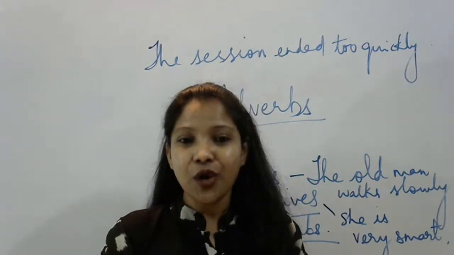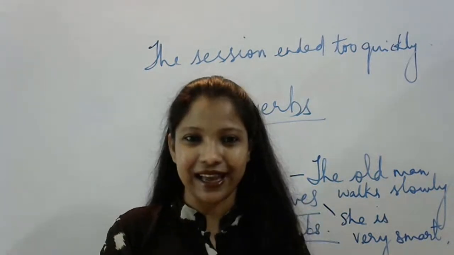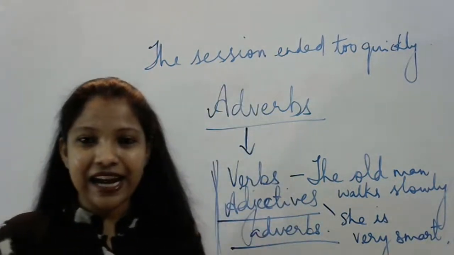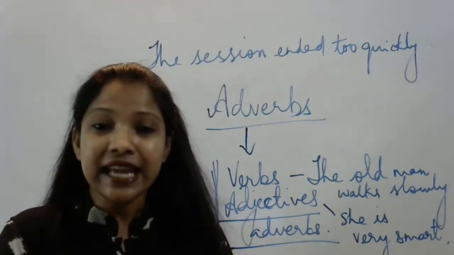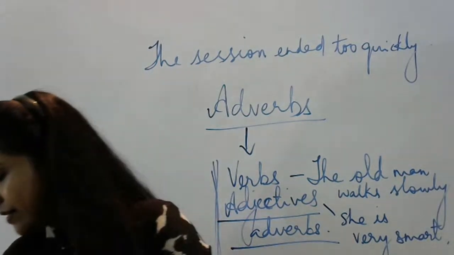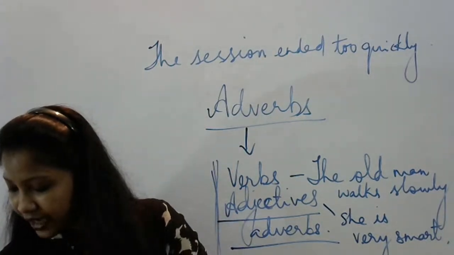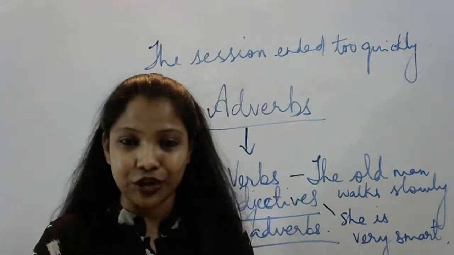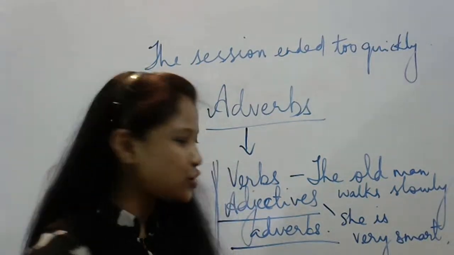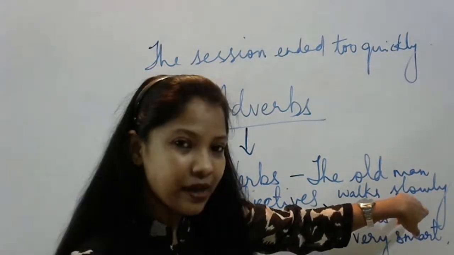उसी इसको adverb कहते हैं, add, क्योंकि वो add करता है. क्या add करता है? It adds more meaning to the sentence. It adds intensity to the sentence. I can rather use the word intensity, the best word. It intensifies the sentence and it gives us more information. How does the man walk? The man walks slowly.